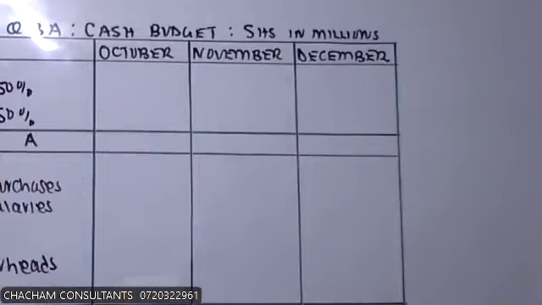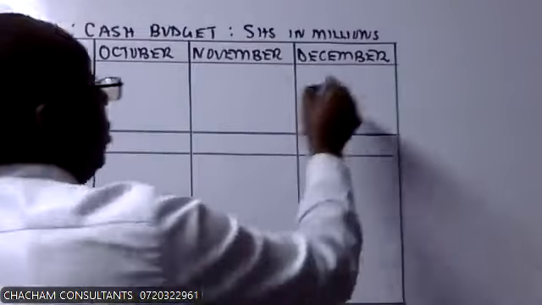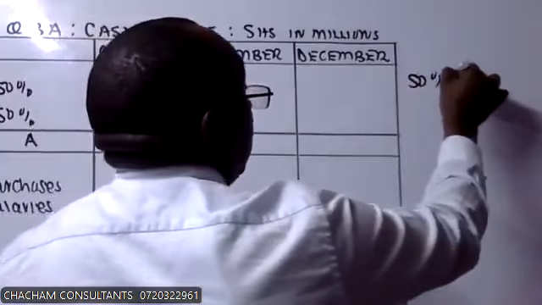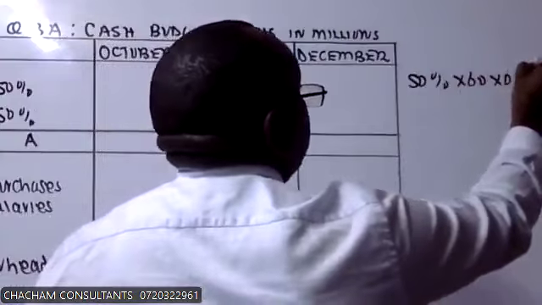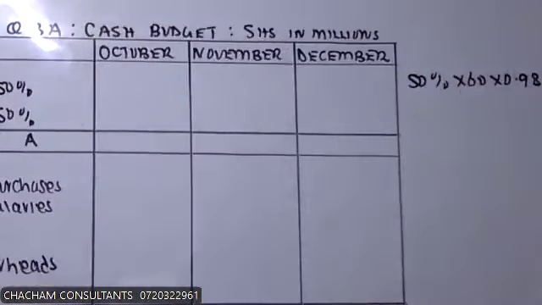In October, they are 60. So it is 50% of 60 times 0.98. So give me that figure. 29.4.